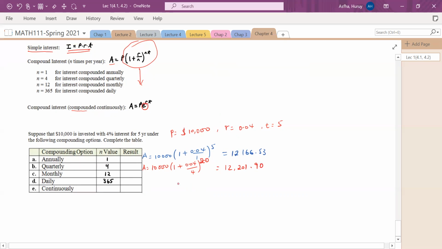Similarly, we can find the next one, using 1 plus 0.04 over 12 to the power of 5 times 12, which is 60.